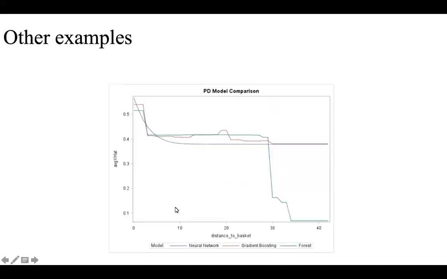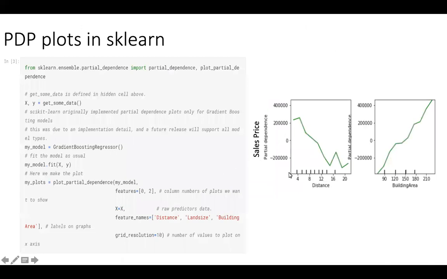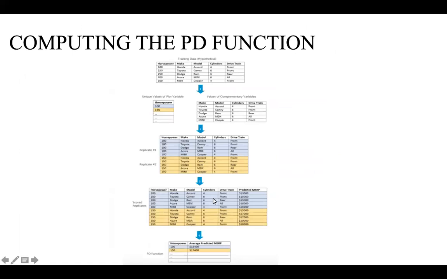But in sklearn, for each horsepower unique value, we get this average predicted price, and over these average predicted prices they compute an average, and then with respect to that average they plot each horsepower unique value.